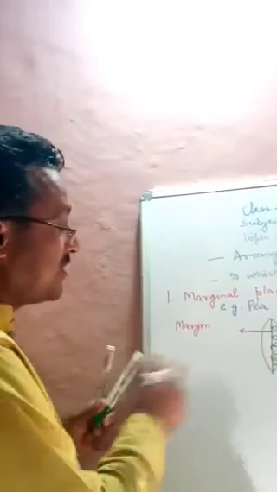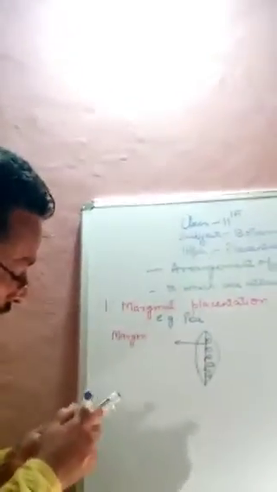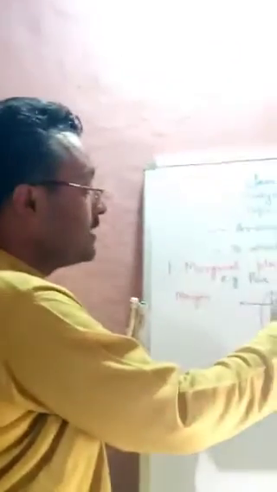This vent-like structure is called the placenta.